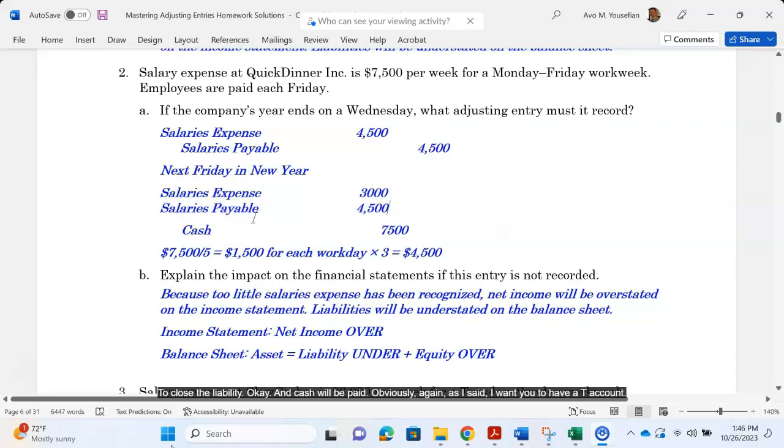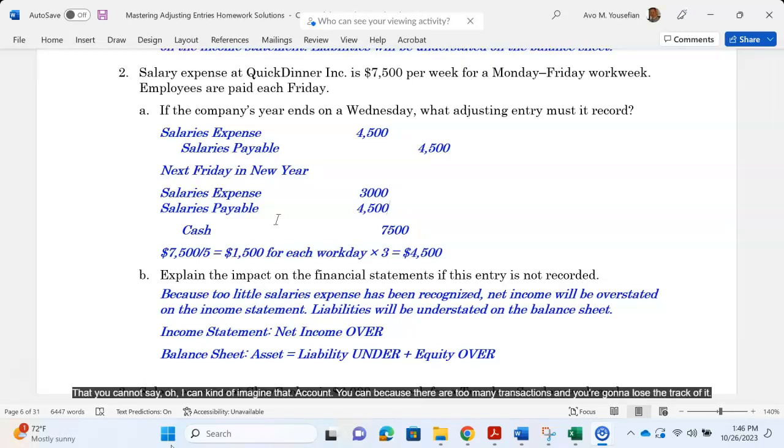Obviously, again, as I said, I want you to have a T account and post this T account as we speak. You will see the picture of the whole scenario in the T account in front of your eyes, so you can visually confirm what we are talking about. That visual confirmation is very important because sometimes you have so many transactions that you cannot just imagine the T account.